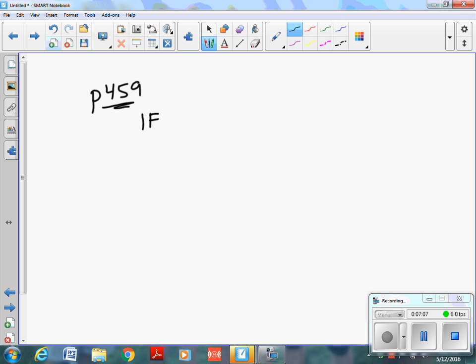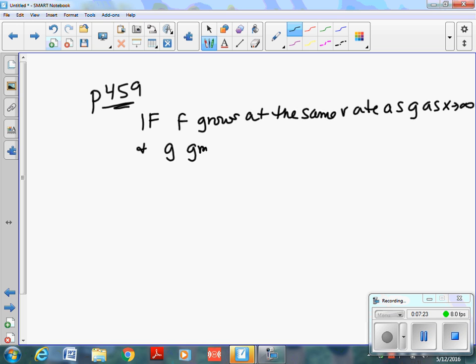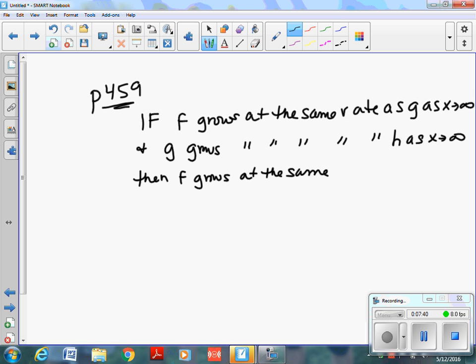If f grows at the same rate as g as x approaches infinity, and if g grows at the same rate as h as x approaches infinity, then f grows at the same rate as h as x approaches infinity.